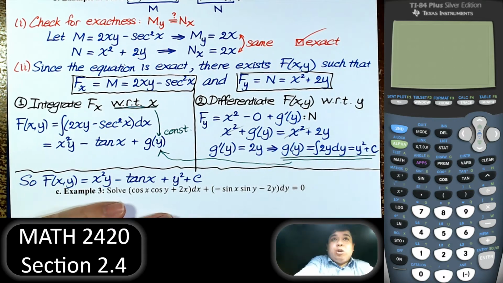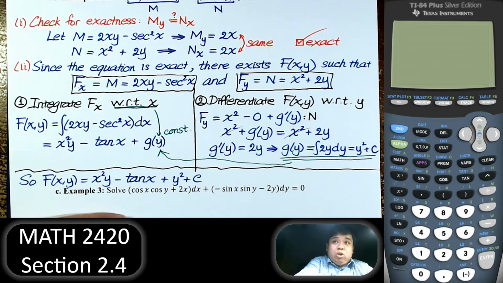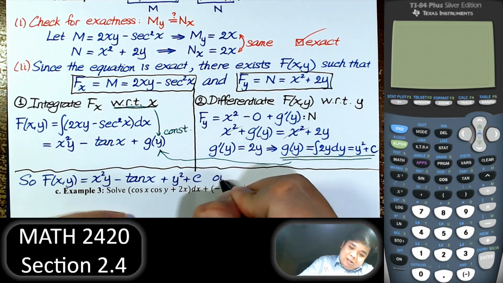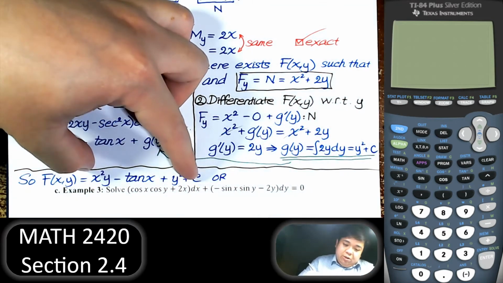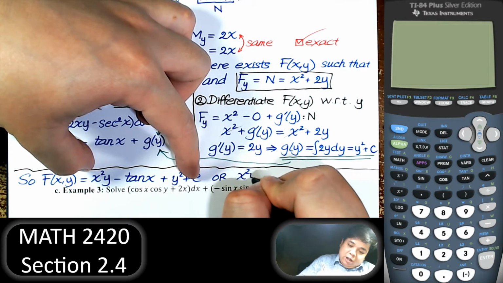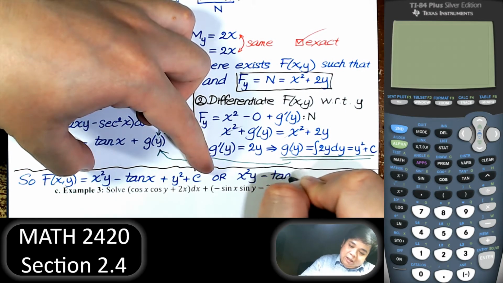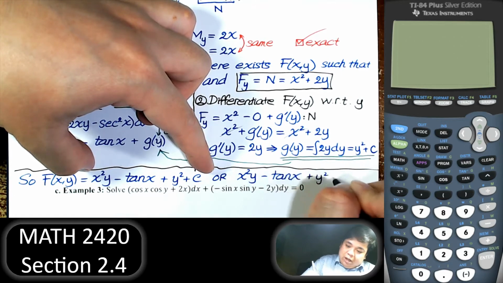Right, so that is the potential function. Now, in this differential equation class, we write the solution as that equal to 0. So we say x squared y minus tangent x plus y squared equal to c.